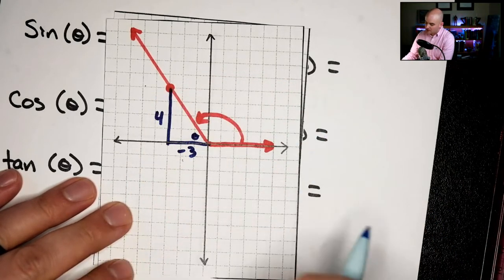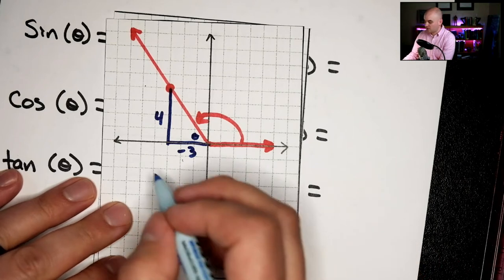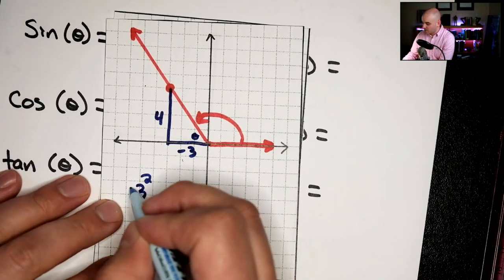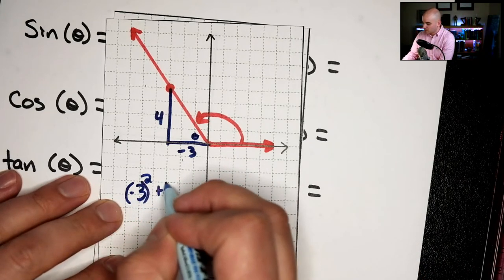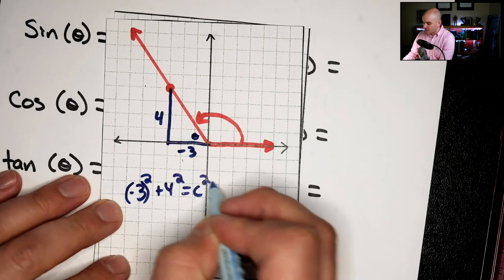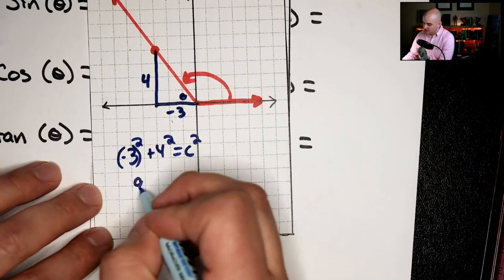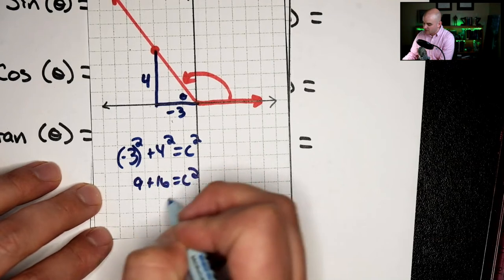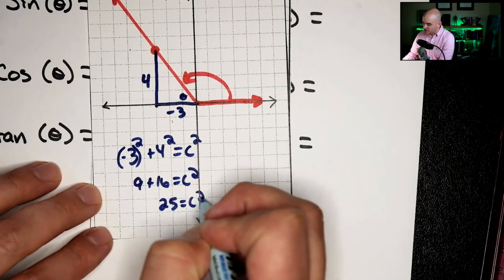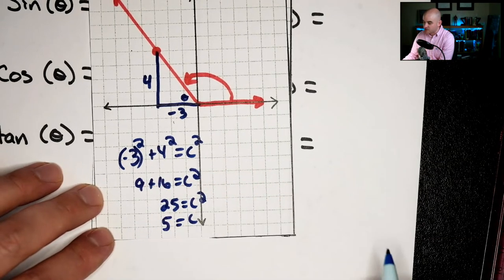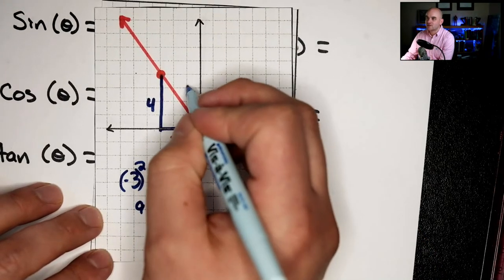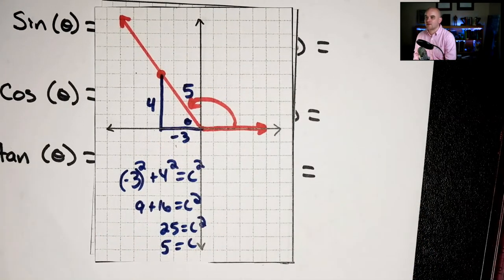I can figure out the hypotenuse by doing Pythagorean theorem. So -3 squared plus 4 squared equals the hypotenuse squared. -3 squared is 9. 4 squared is 16. So I get 25 equals c squared, or c must be equal to 5. So if c equals 5, that's my hypotenuse right there.